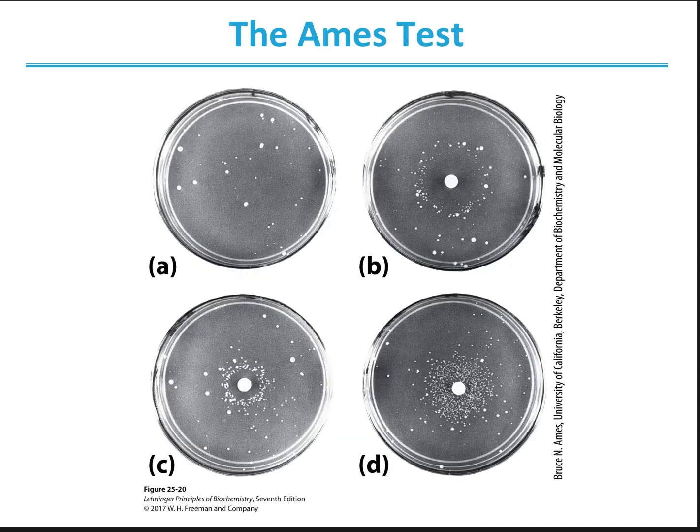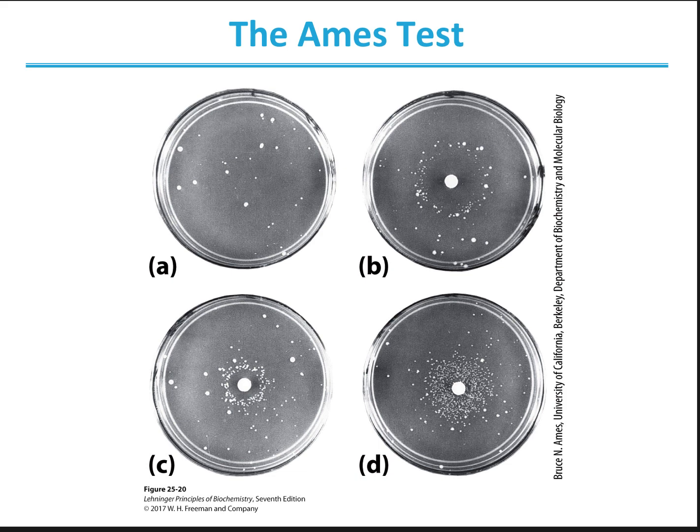On this slide, we see an example of what results from an Ames test would look like. Panel A is the Salmonella plated with no addition of the potential mutagen. What we see here is that some colonies do grow, and this is because of spontaneous mutation.